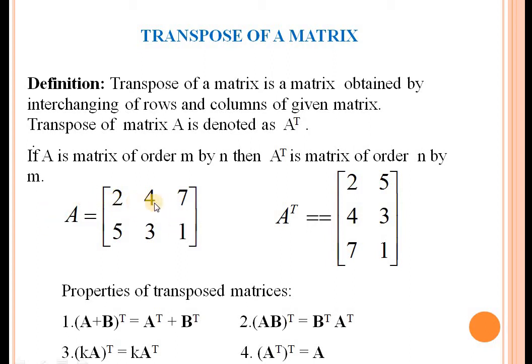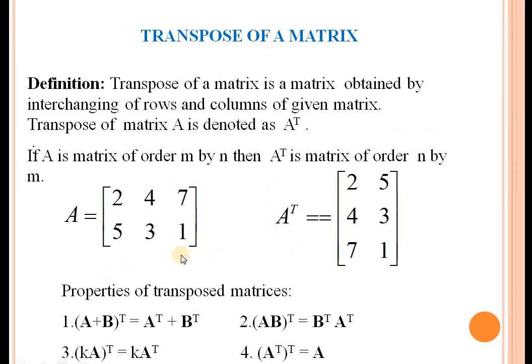Elements of the first row are 2, 4, 7. Second row is 5, 3, 1. Then how do we obtain A transpose? I convert the first row into the first column. So for A transpose, my first column is 2, 4, 7. The second row becomes the second column, 5, 3, 1. So by interchanging rows and columns, we obtain A transpose.